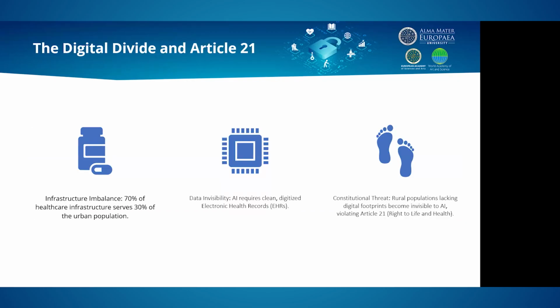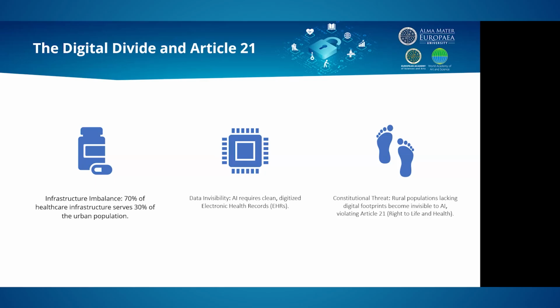Now, highlighting a little bit of laws in India, I highlight Article 21 of the Indian Constitution, where I highlight the digital divide. 70% of our advanced healthcare infrastructure only serves the 30% of urban population. AI requires pristine, digitalized health records, but what happens to rural populations whose data is unstructured and non-existent to an AI?